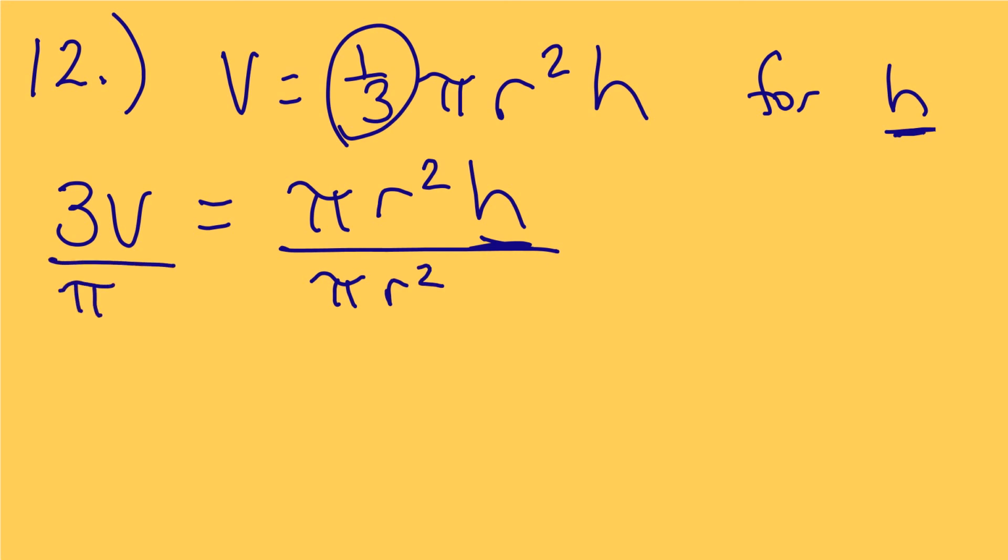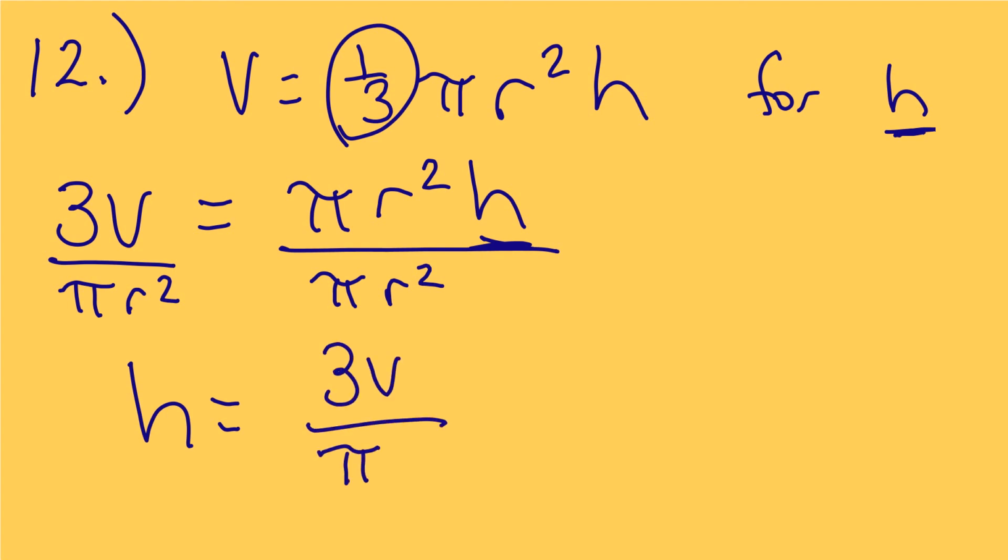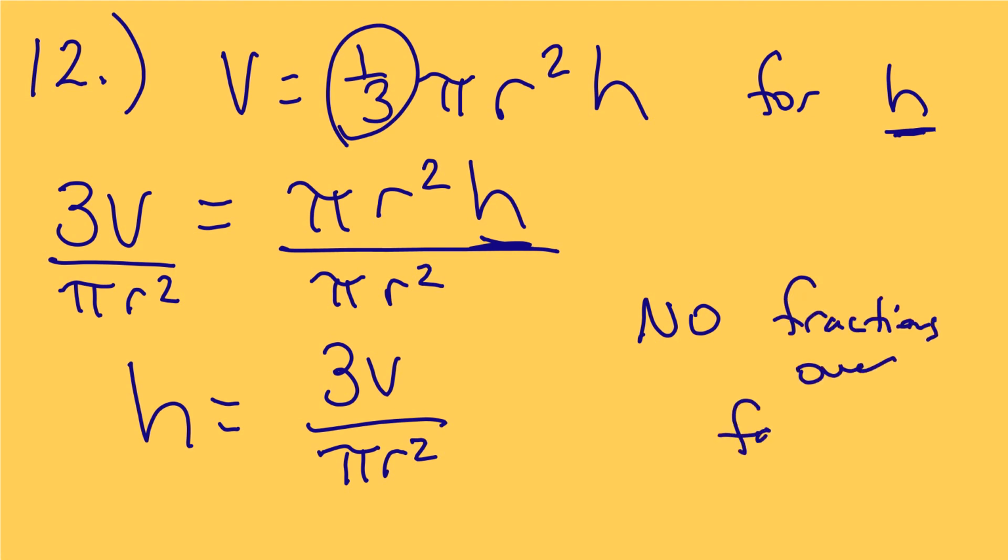If I do it on one side, I do it on the other. And we're done. So I get h equals 3v all over pi r squared. I do not want no fractions over fractions. So do not divide by a third. Instead of dividing by a third, multiply by 3. That's what I did first. All right, that's it for 12.